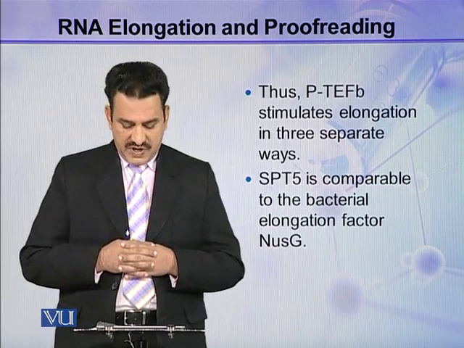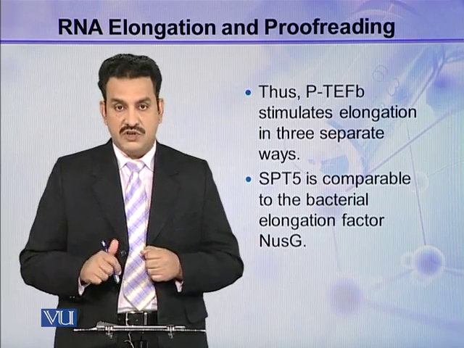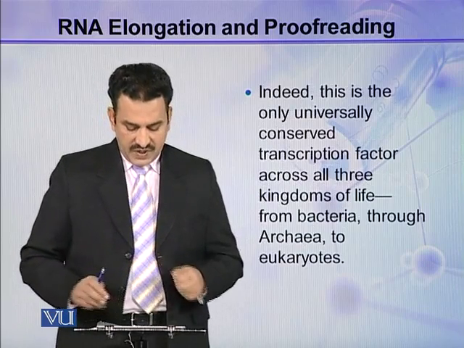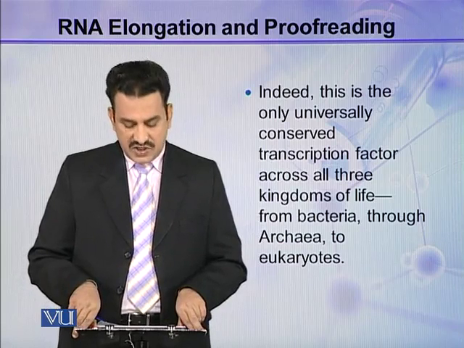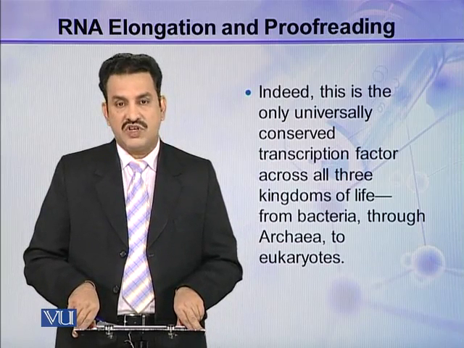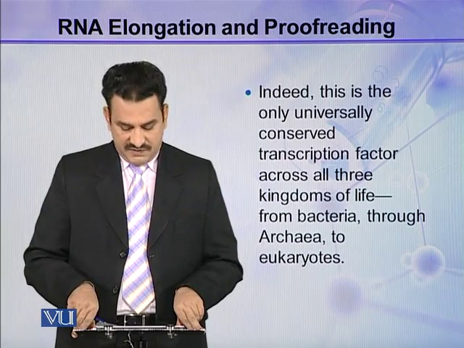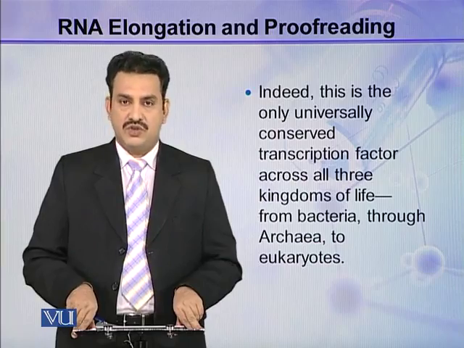SPT5 is comparable to the bacterial elongation factor NusG. Indeed, this is the only universally conserved transcription factor across all three kingdoms of life, that is, bacteria, archaea, and eukaryotes.